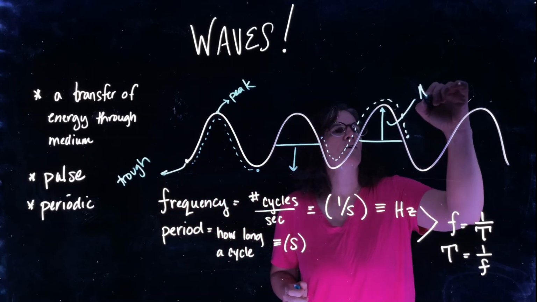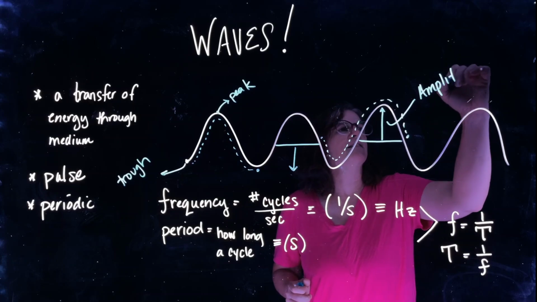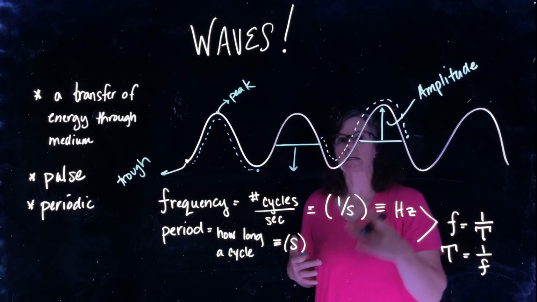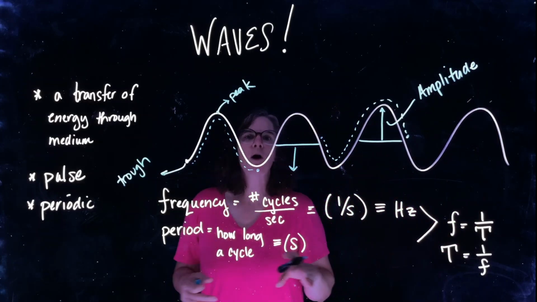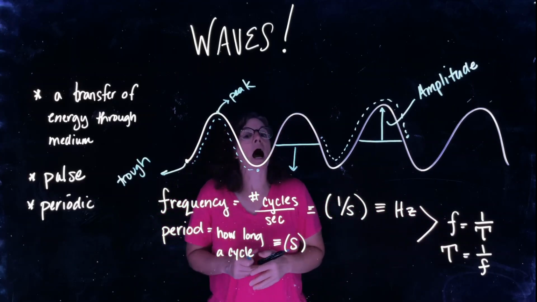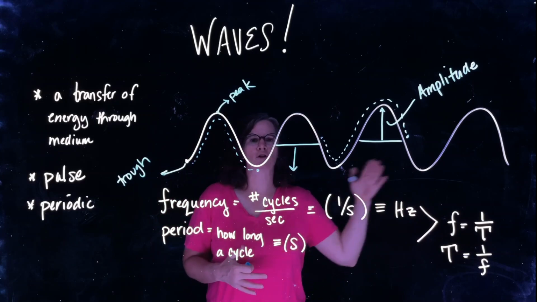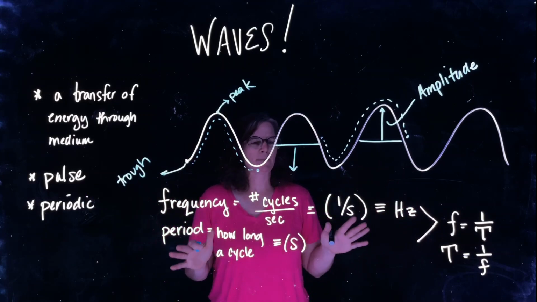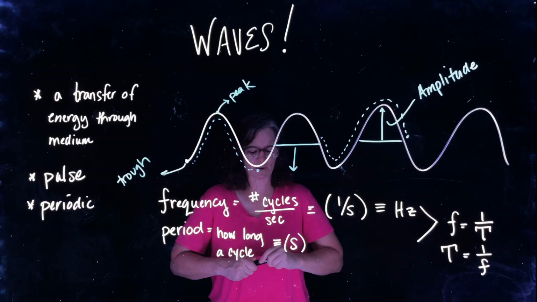And this is what's known, of course, as the amplitude. And this is the physical height of the wave. Similar to in simple harmonic motion, the amplitude was the distance the object traveled in its periodic motion on one side or the other. So amplitude, similar to what we did with simple harmonic motion.